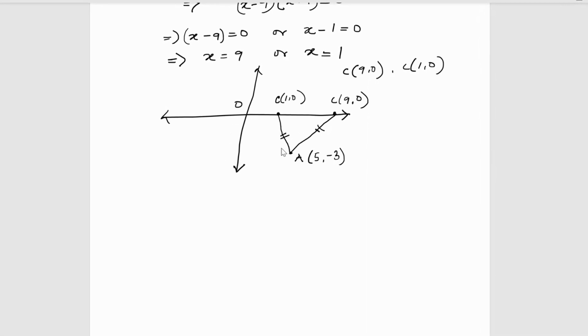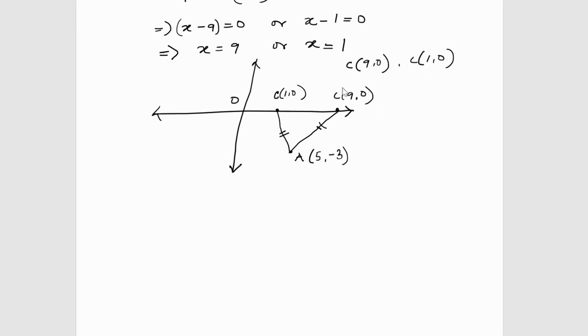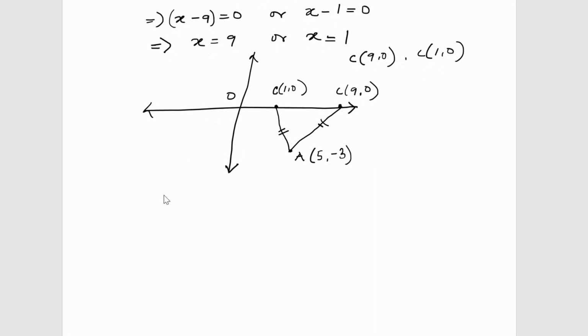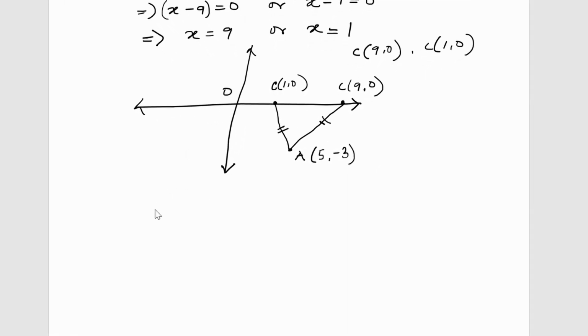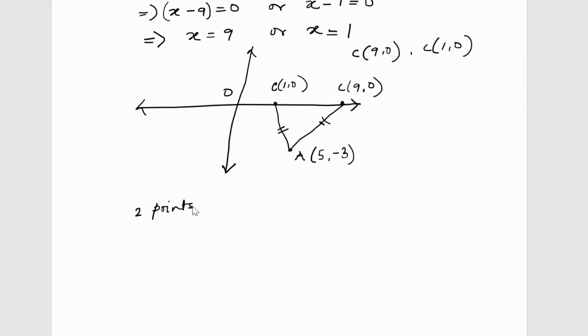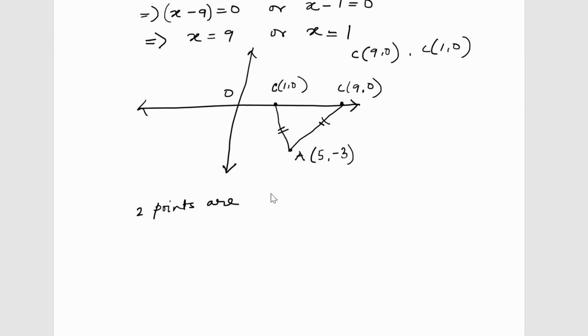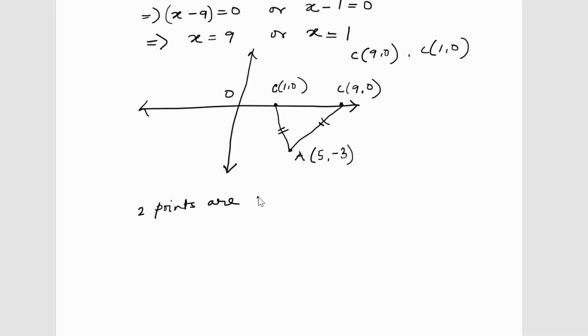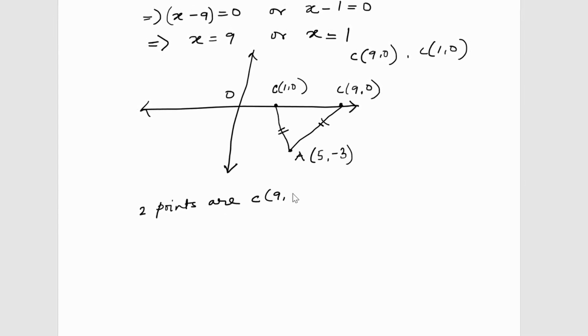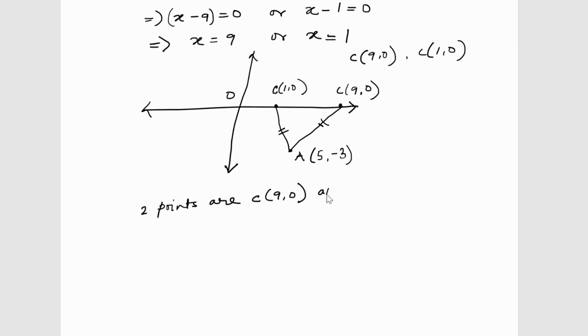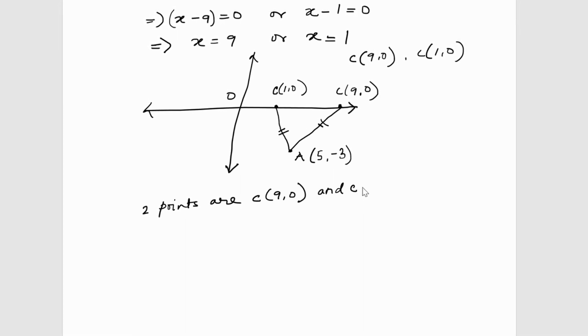So this is equidistant from A. Hence, the 2 points are C (9, 0) and C (1, 0).